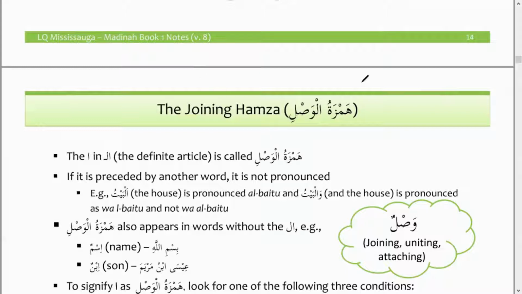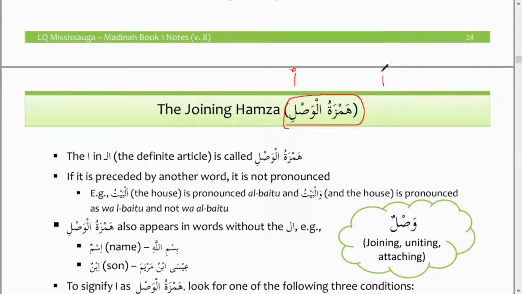In India and Pakistan mushafs, all the hamzas are just written like a straight line. But in the Arabic script there are actually two types of hamzas. This is the joining one, which has nothing written on top, or sometimes a sad is written, showing that it's a joining hamza, hamzatul wasl.